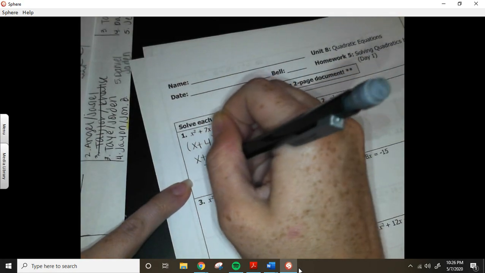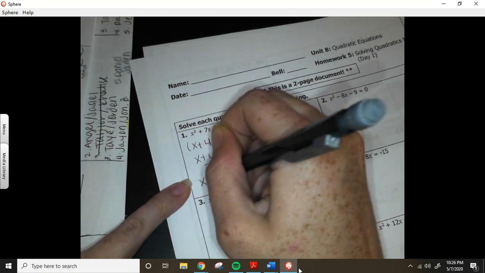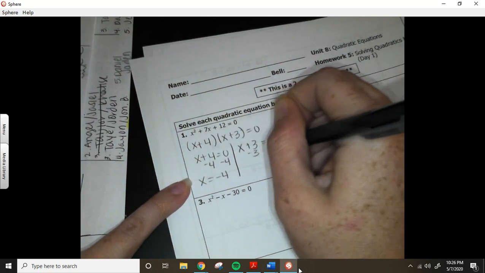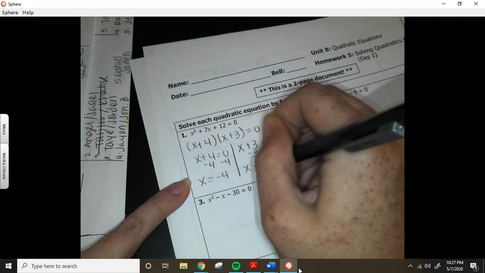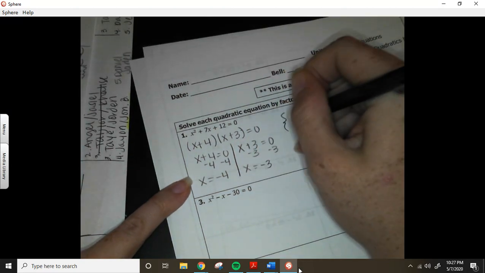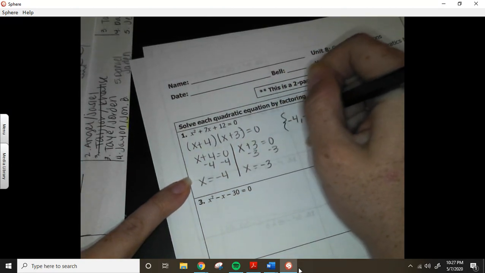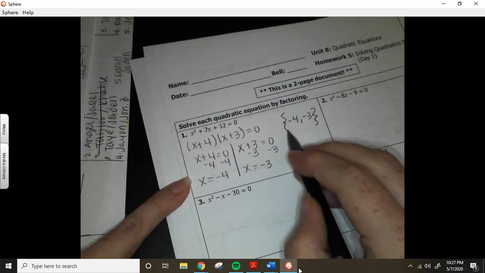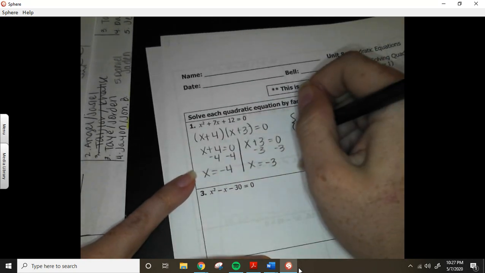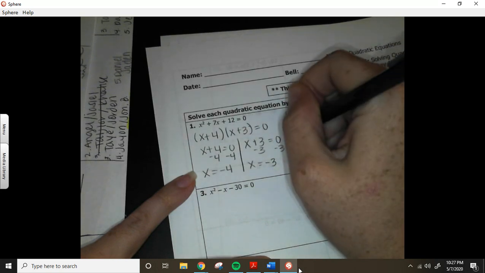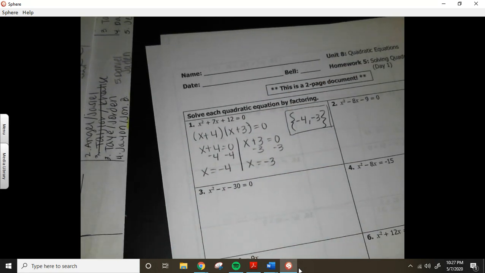In this one, you're subtracting 4. This one, you're subtracting 3. It's pretty straightforward. Answer, negative 4, negative 3. This one was a really good curly braces. Bracket, brace, who cares? So our solutions would be negative 4, negative 3.